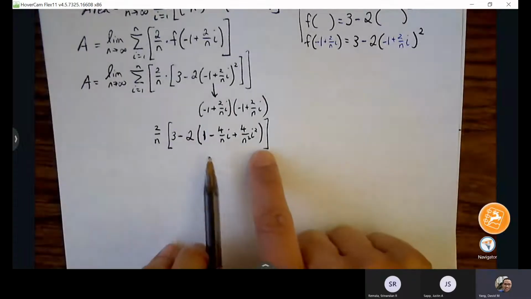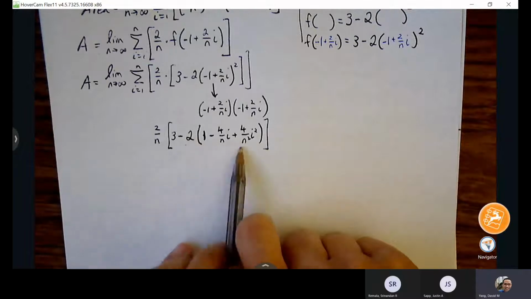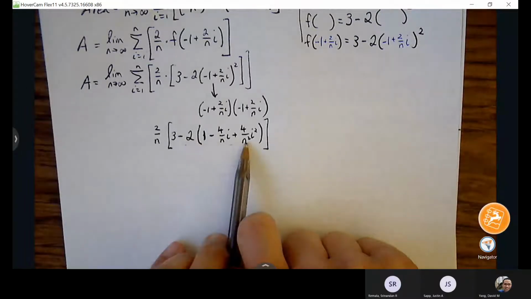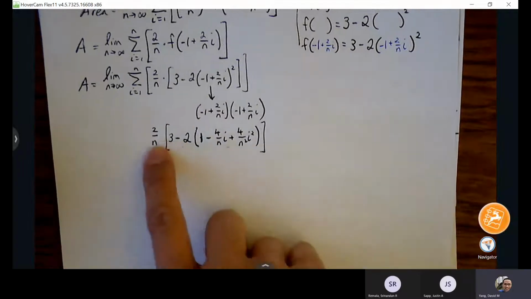But once I FOIL, I have to still leave that in a set of parentheses because I still have to distribute the -2. Once I do that, then I can handle that 3 and then finally the width.